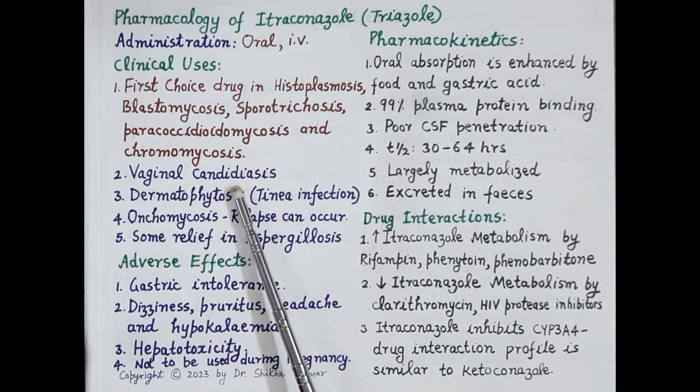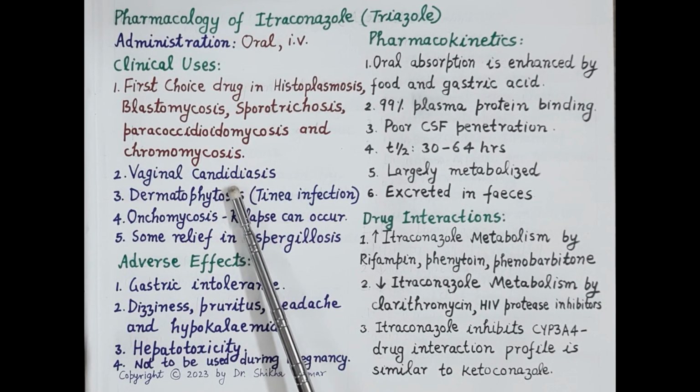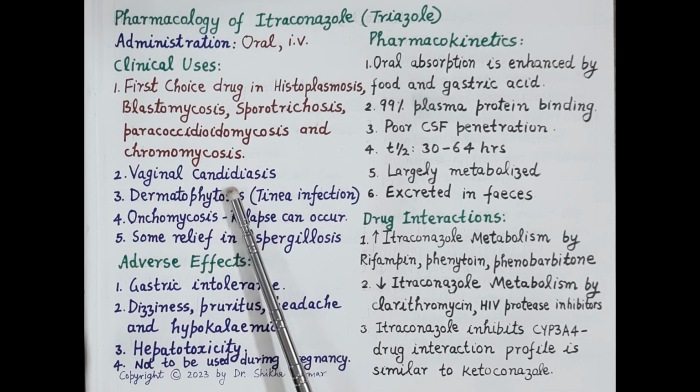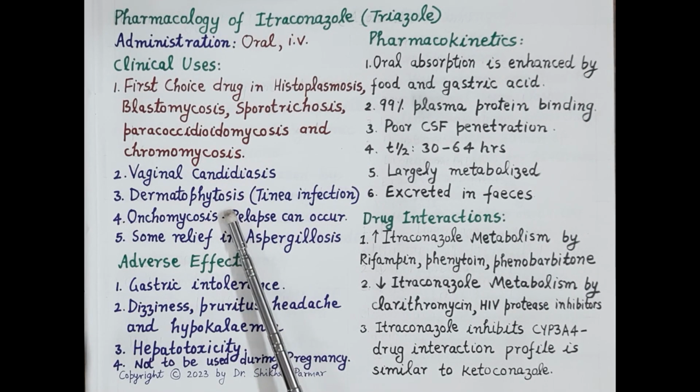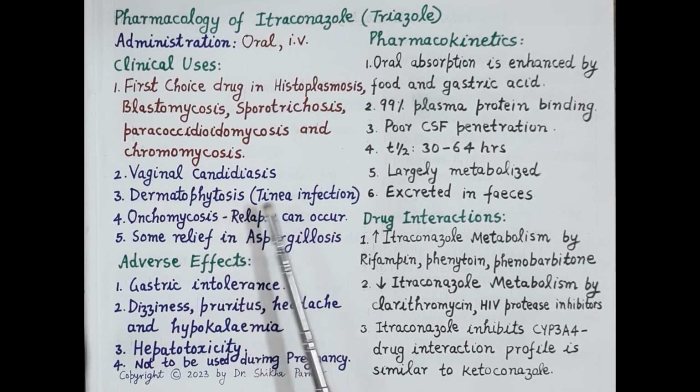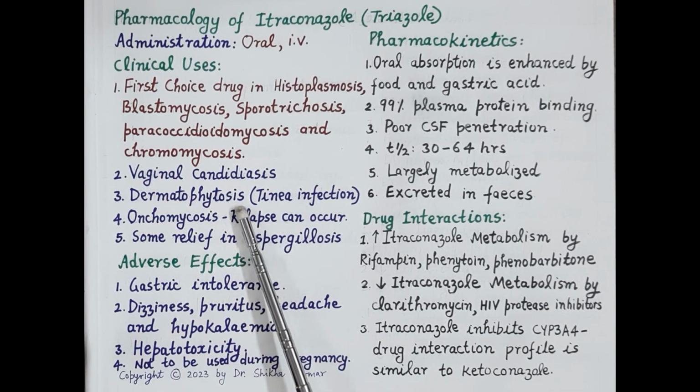As already discussed, vaginal candidiasis is a superficial infection, and it is first treated with clotrimazole and miconazole, but if it is not cured by those drugs, then itraconazole is very effective. And similarly here also in dermatophytosis, that is the tinea infections, if they are extensive or if they are not treated with the topical imidazoles, then again itraconazole is very effective.